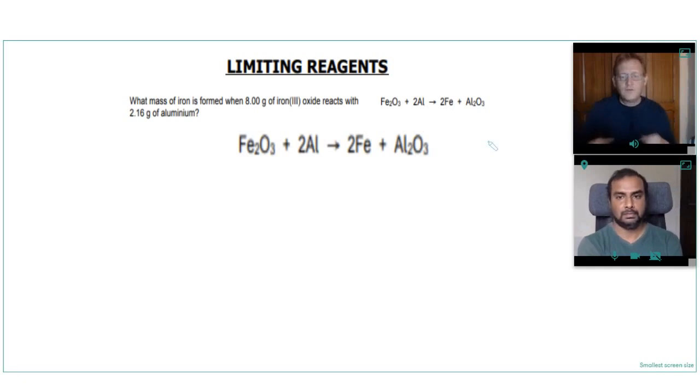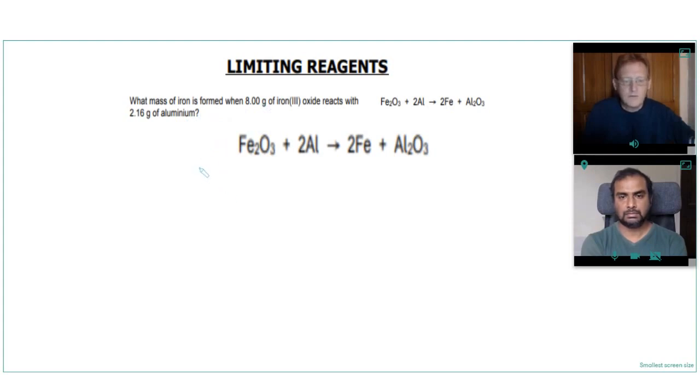And then we can put the information we've got in the question in the relevant place under the balanced equation. So for limiting reagents, we're going to be looking at the moles of the reactants first of all. So I'd suggest under iron oxide and aluminium, we write down the mass, the MR, and the moles.